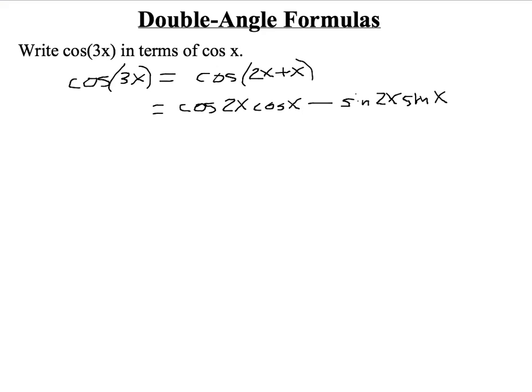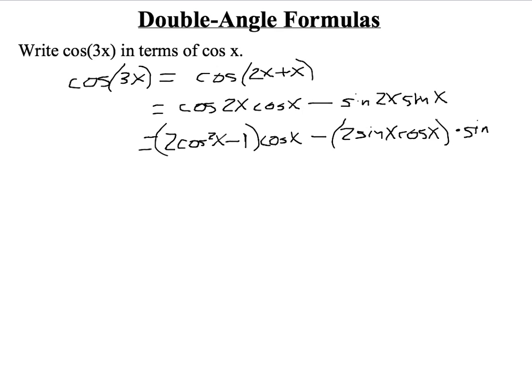Now I can use my double angle formulas for sine and cosine. For the cosine of 2x, once again, use any one that you would like. For this particular one I'm going to go with 2 times the cosine squared of x minus 1. Then that's going to be times the cosine of x, minus, and the sine of 2x is 2 sine x cosine x times the sine of x.